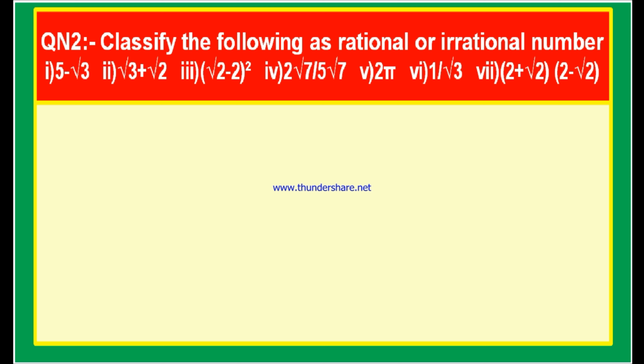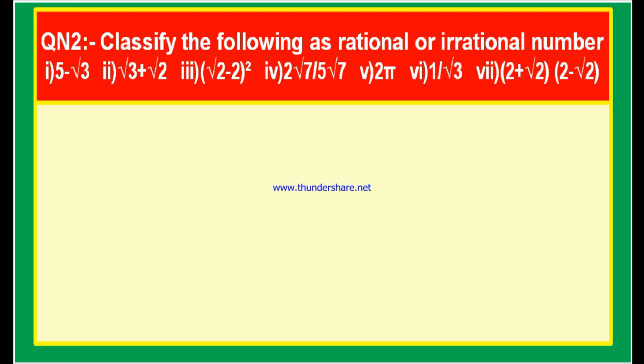Here in each bit we have given the combination of either rational numbers or irrational numbers, and sometimes both. Now we have to verify in each case whether, if we simplify the given value, you get a rational number or an irrational number.